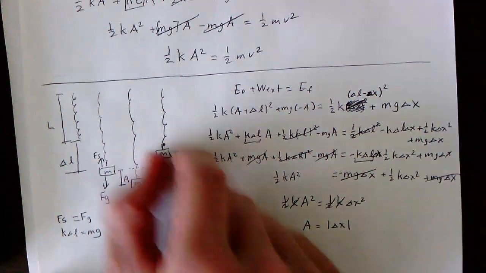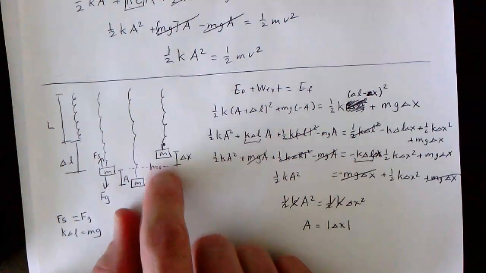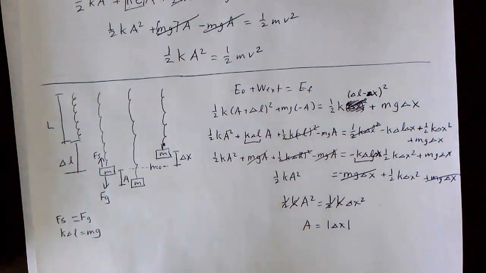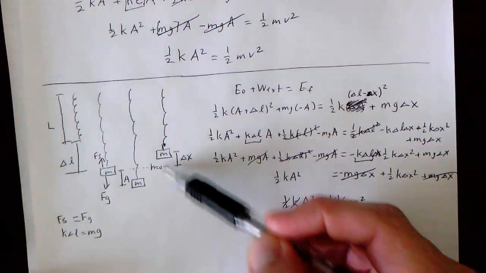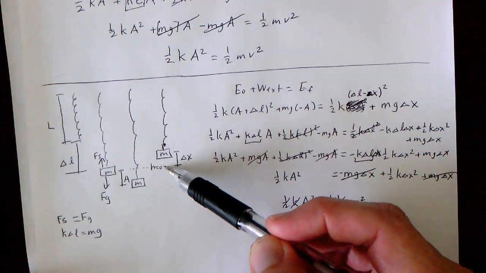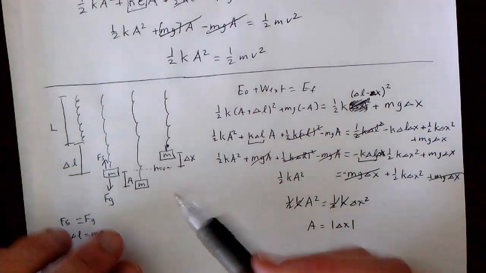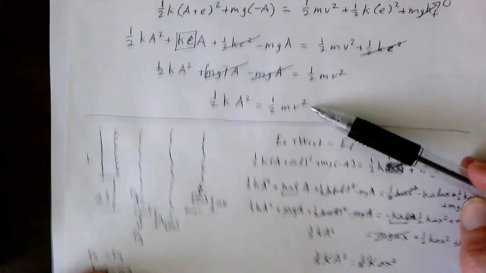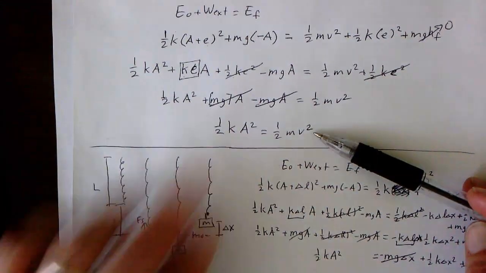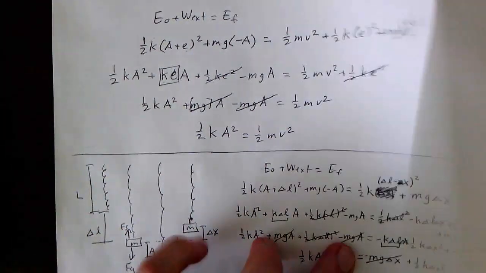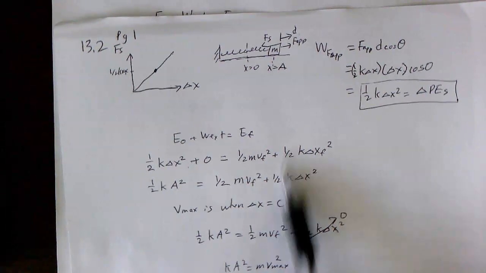We could also pick up the mass to here and let go, and it would fall to that position. It doesn't matter. So I'm trying to prove to you that this thing oscillates back and forth about the equilibrium position. And I hope that's a little more thorough of a proof for you than this equation looking very much the same as this equation here when it was a horizontal spring.